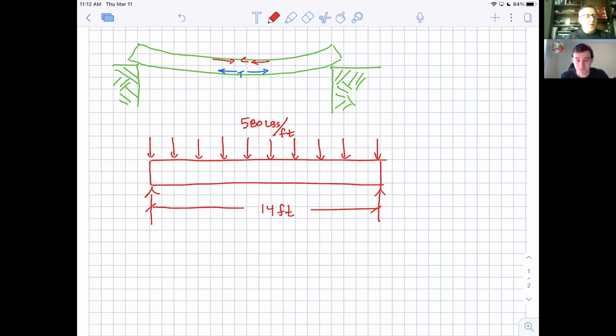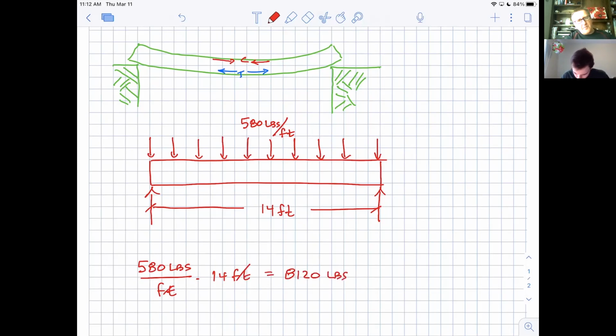Well, as you know, if I take 580 pounds per foot and I multiply by 14 feet, then 580 times 14 tells me how much weight I have. That's 8,120 pounds.